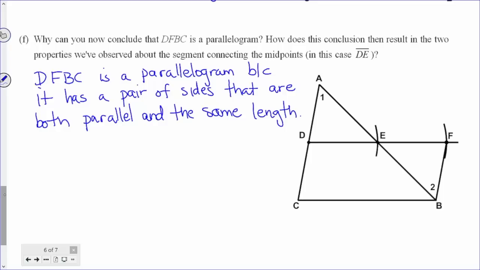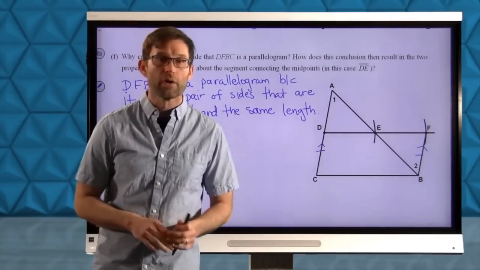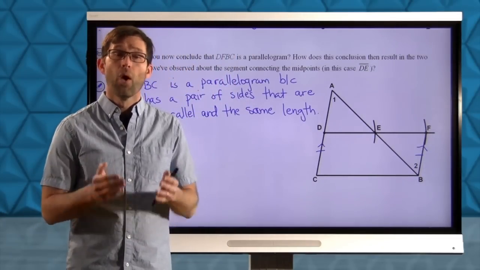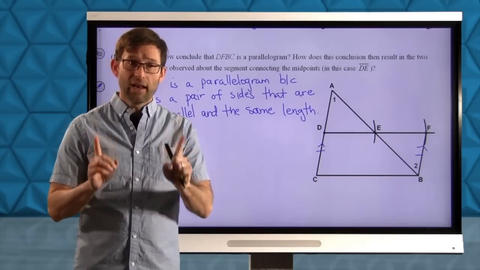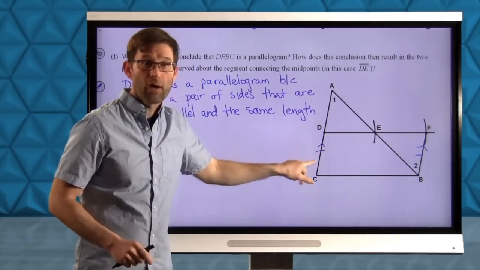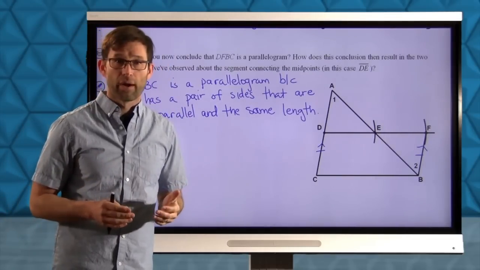In other words, CD is the same length as BF and is parallel to BF. And in the last lesson, we learned that there were many different ways of proving something was a parallelogram. One of them was that any quadrilateral that had a pair of sides that was both parallel and the same length had to be a parallelogram.